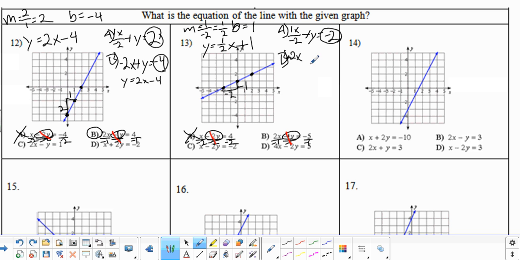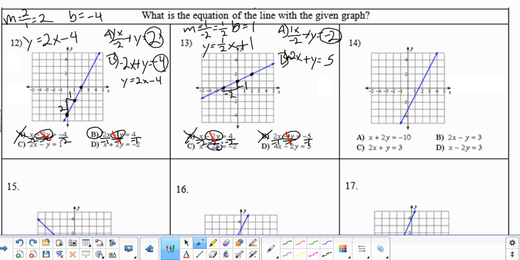So I end up with positive y, so plus y, equals -5 divided by -1 is +5. And that is not correct, because 5 and 1 do not match. So B is incorrect. Let's continue moving on with C.